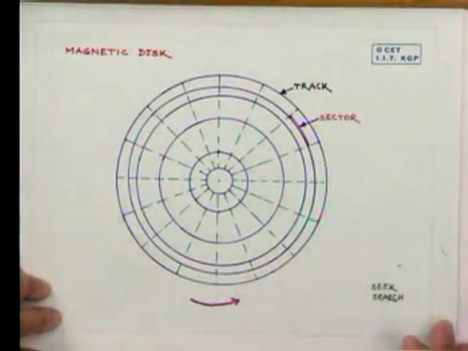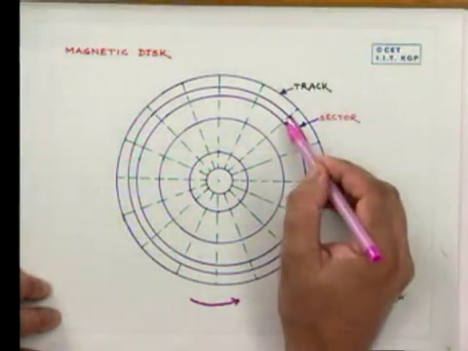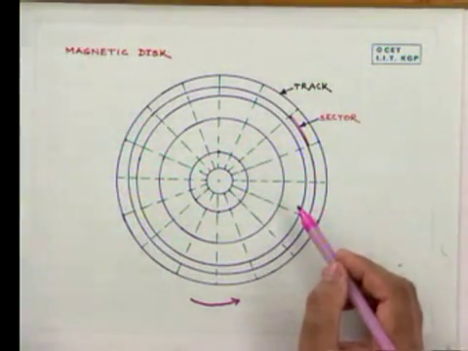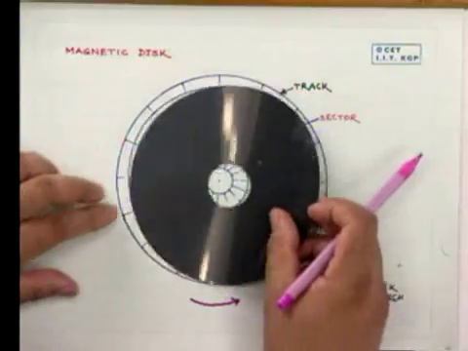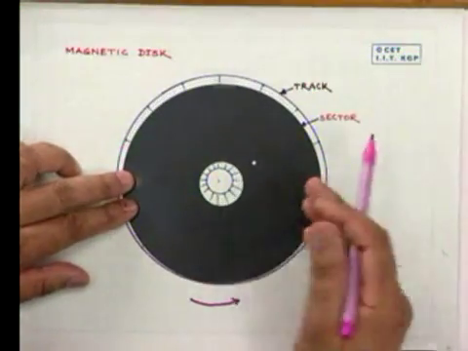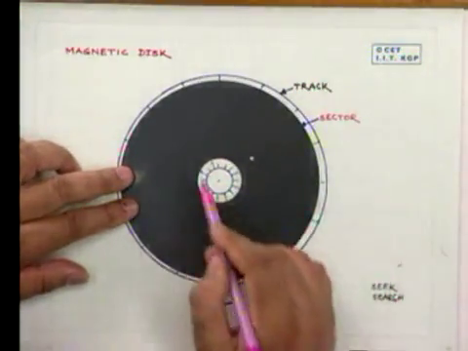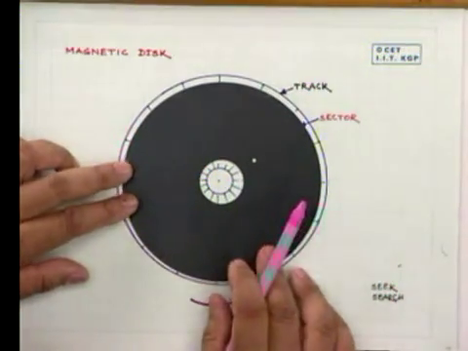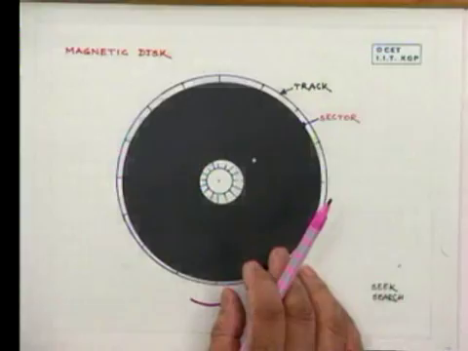Now, for this magnetic disk, both sides, the upper side as well as the below side, can be written, which means both sides are divided into tracks and each track is divided into sectors. The advantage of magnetic disk, as you know, is that it can contain a huge amount of memory.